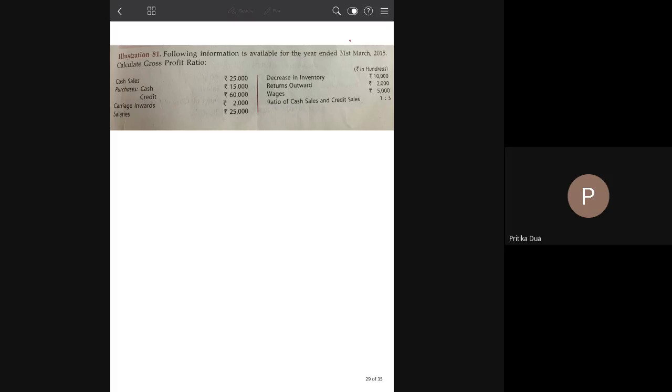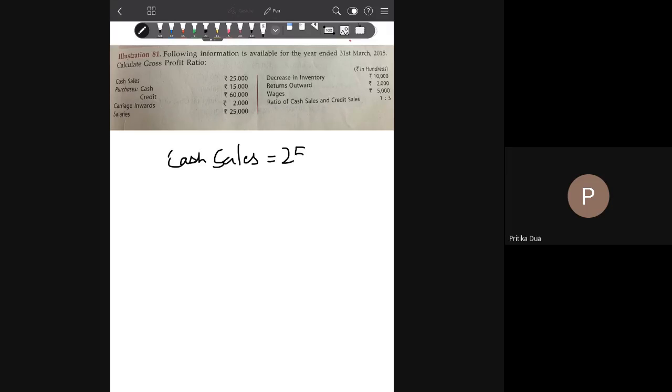Similar methodology you have to follow here also. I'll just clarify a few points if they seem to be a bit indirect. Cash sales given, and the ratio of cash and credit is given as 1:3, which means if cash sales are 25,000 then your credit sales will be 75,000 and your total sales will be 1 lakh, but you are also given return outward here.